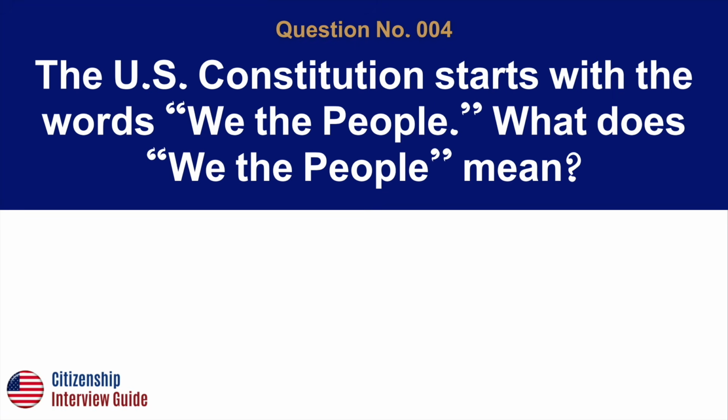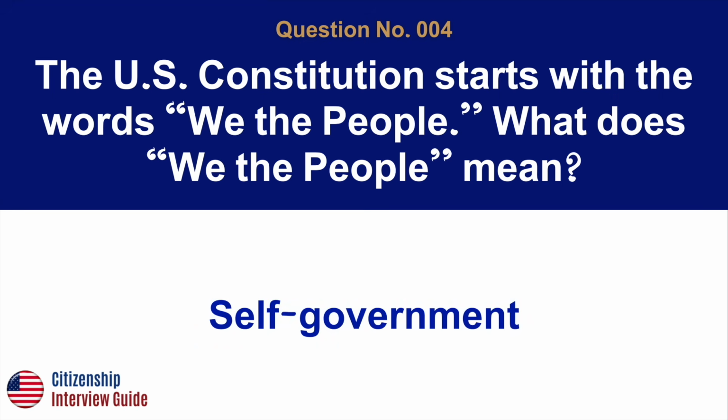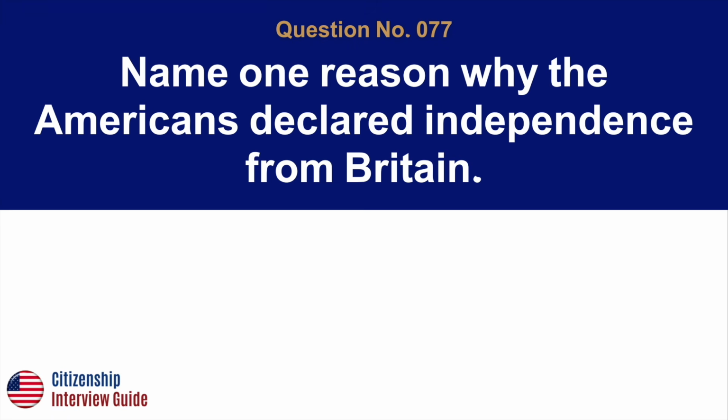The U.S. Constitution starts with the words, "We the people." What does "we the people" mean? Self-government. Name one reason why the Americans declared independence from Britain.